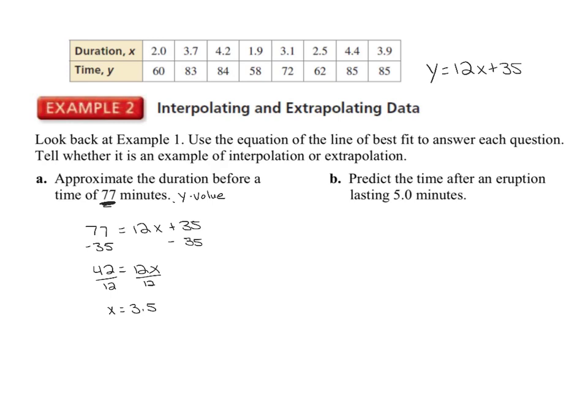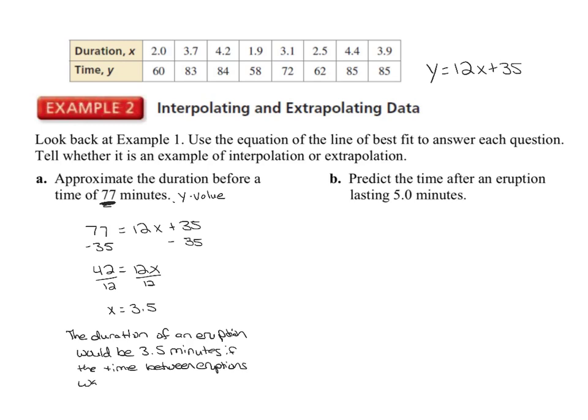So the approximate duration of an eruption would be 3.5 minutes if the time between eruptions was 77 minutes. Okay?